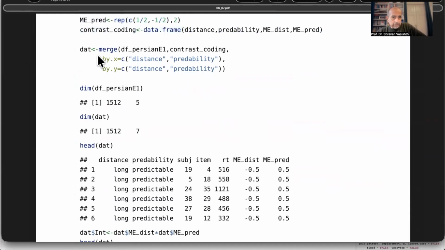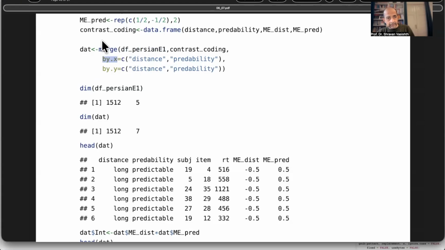So now what I would do is once I've created this 4-row matrix or data frame, I would use the merge function to merge the actual data frame with my 4-row data frame. And what I'm doing is in the first data frame, which contains the full data, this is what by.x refers to.